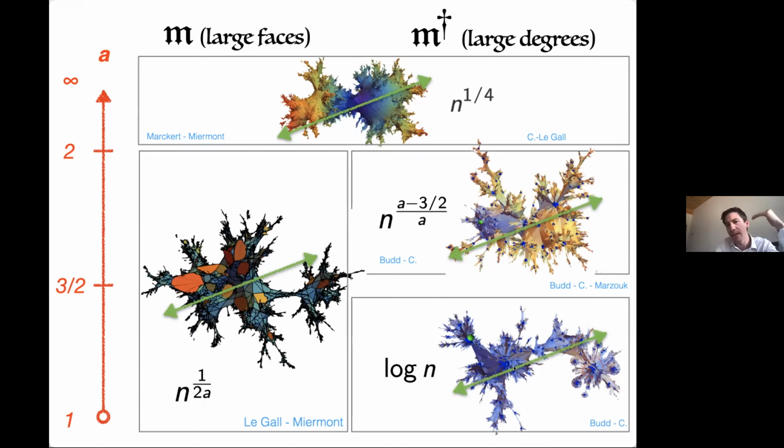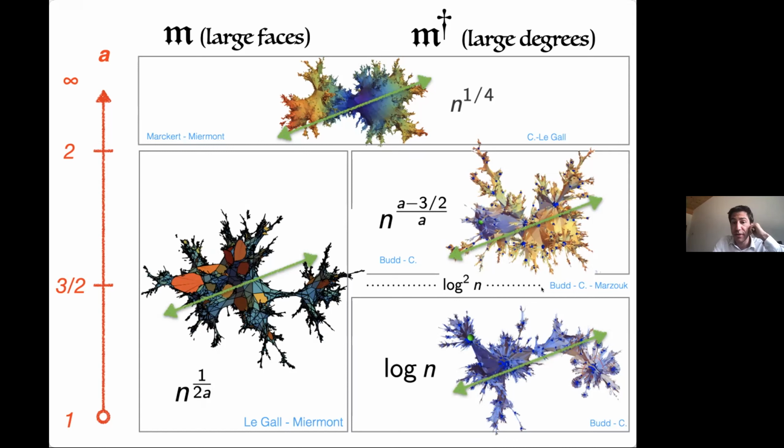And actually, we proved this in an infinite model, not in the finite model, but it should not be that complicated to prove for finite maps that the diameter of those maps in this regime, when a is below 3/2, should be logarithmic in n. So really a crumpled phase.